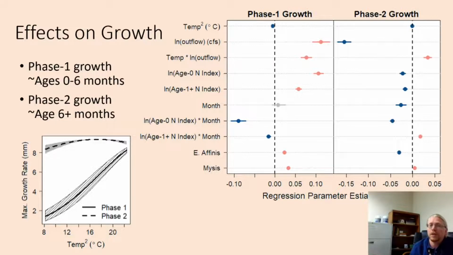For phase 1, we see a positive relationship between growth and temperature. So as temperature increases, growth increases as well. For phase 2, we see this nice parabolic relationship where we have our highest growth at an intermediate temperature. And if we go to either extreme, we see lower growth than we see at the optimal temperature.